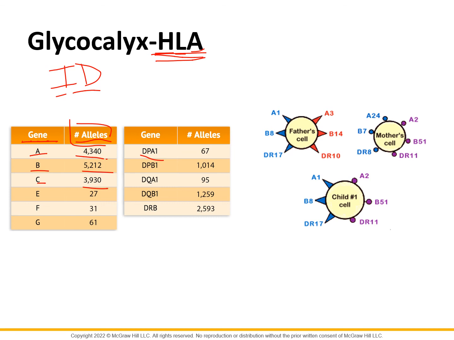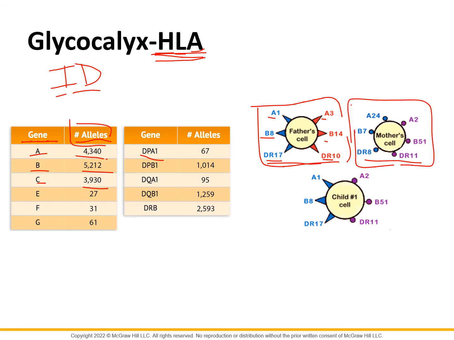So just a little bit with Mendelian genetics. You have a father and a mother, and the father has his own unique set of HLA molecules. He has two A's, A1 and A3, so those are the A part of his HLA, and he has two B's and then two DRs, and he has specific ones for that. The mother has her own HLA pattern.